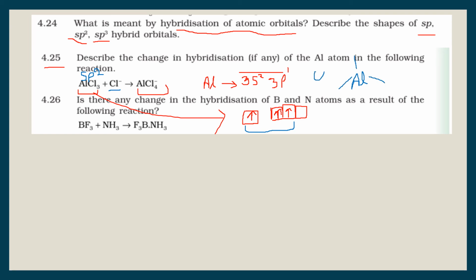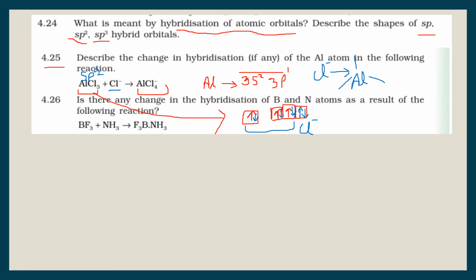So Cl minus will come with its electron pair to be shared and it will offer it. Coordinate bond will be formed. The chlorines which were already bonded have 1 electron each paired, and the Cl minus will come with the complete electron pair. This is a coordinate bond.